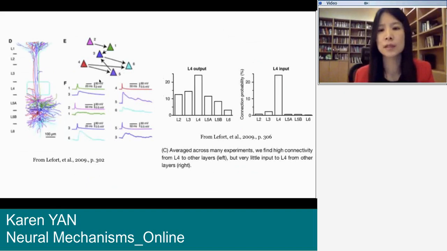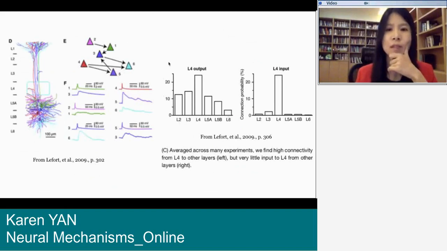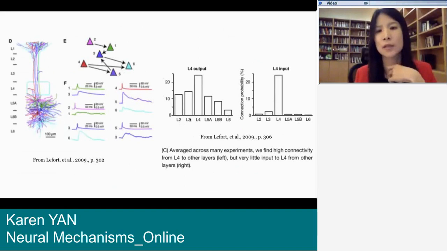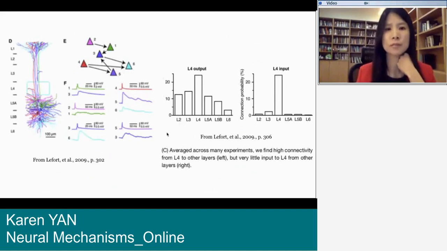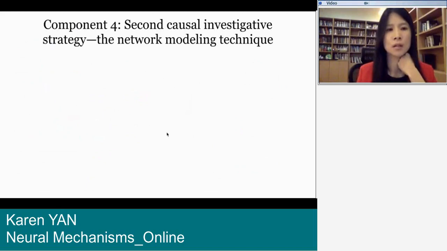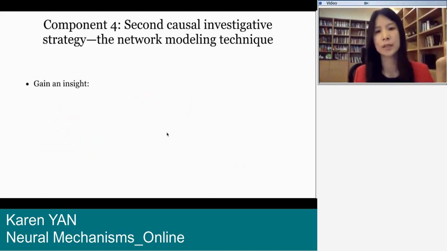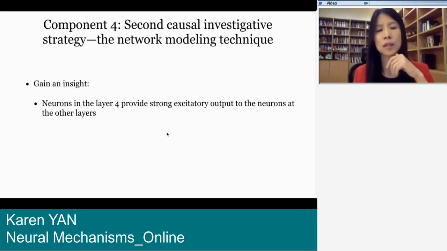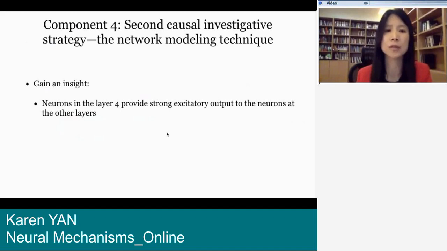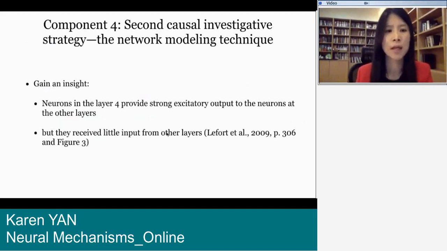This diagram is averaged across many experiments, and it shows that many different neurons at different layers receive a lot of output from L4, but L4 receives little input from other layers. So by doing this visualization through the network modeling technique, they gain an insight that neurons in layer 4 provide strong excitatory output to the neurons at the other layers, but they receive little input from other layers.